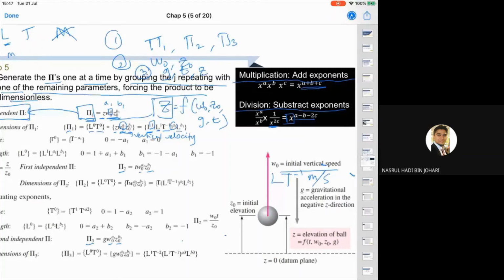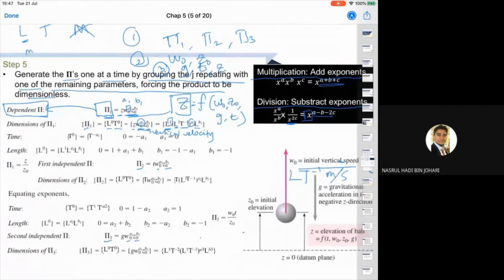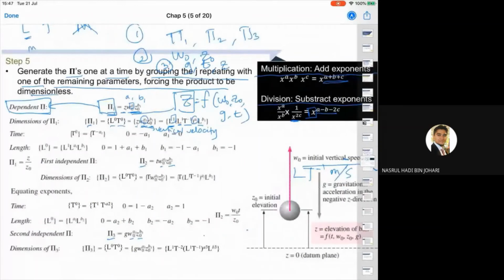And then you do a simple exponent analysis. You do it for T and for L, time and length. Look at this. In this case, remember you put T to the power of 0 here, right?